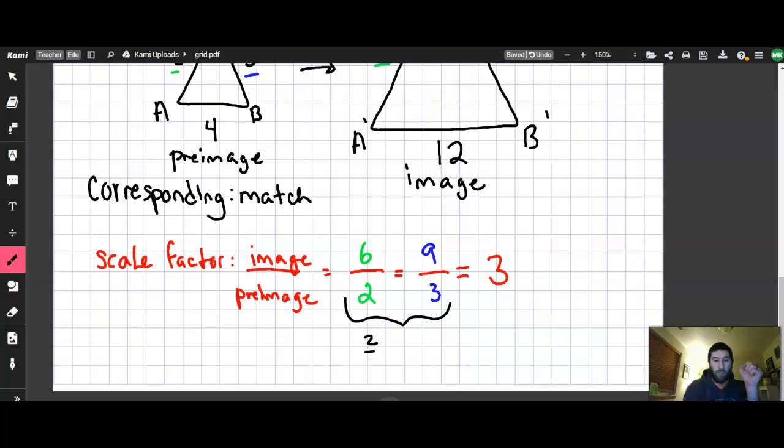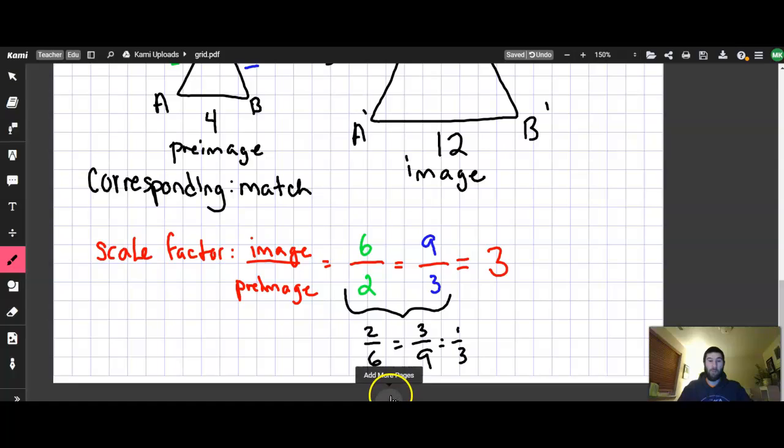If you put 2 over 6 and set that equal to 3 over 9, while that's a true statement, while both of those are equal to 1/3, because you didn't put the pre-image over the image, you're not looking at your ratio. You're not looking at your scale factor. So while you can solve or do anything else that you need with those fractions, it is not your scale factor because the image is not on top.